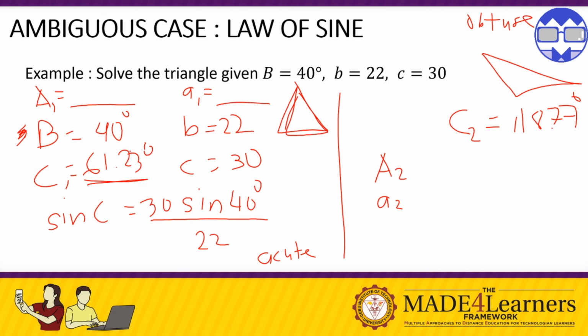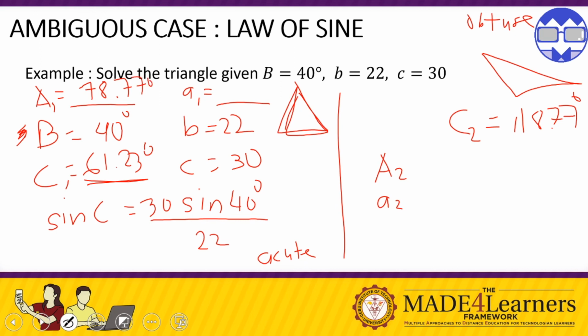Using this solution here, for A we simply subtract: 180 minus 40 minus 61.23. This will give us 78.77 degrees.